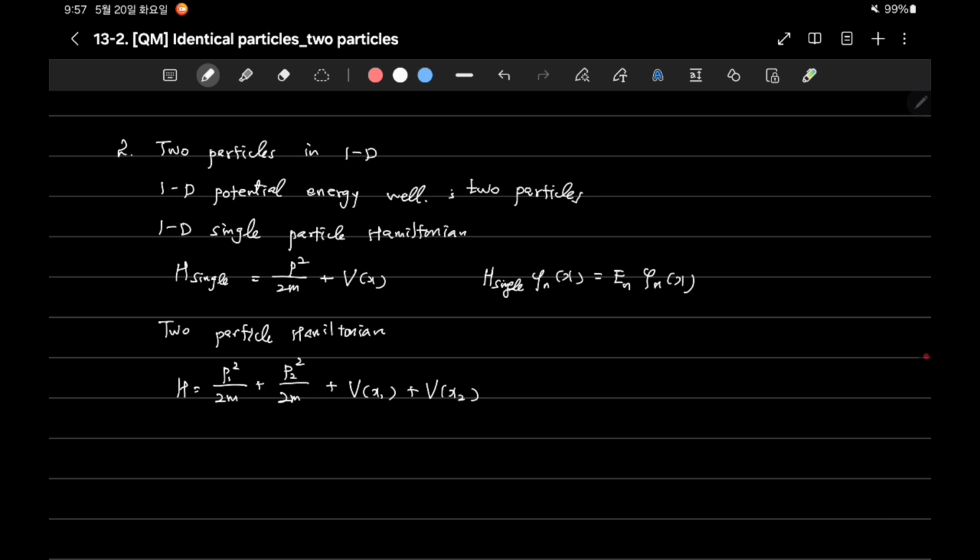Here we do not consider an interacting Hamiltonian between the two particles. We only have this separate potential. It means that we do not consider interacting particles. The particles are identical and independent.